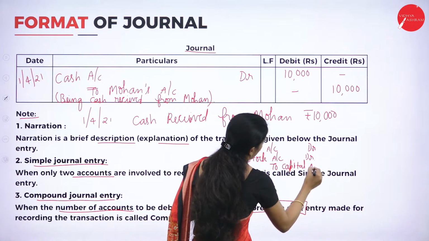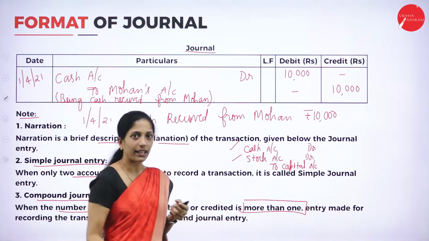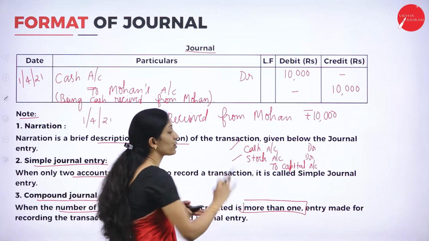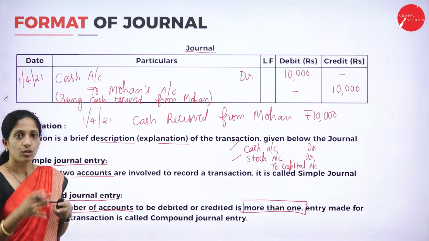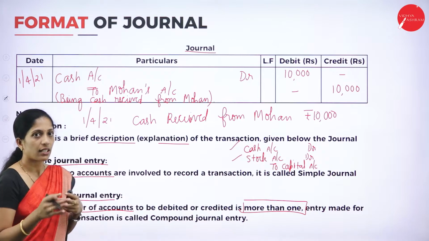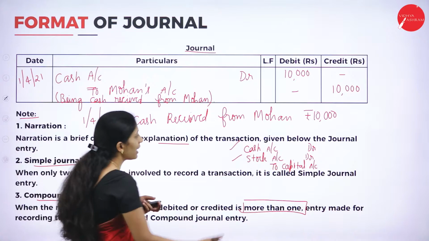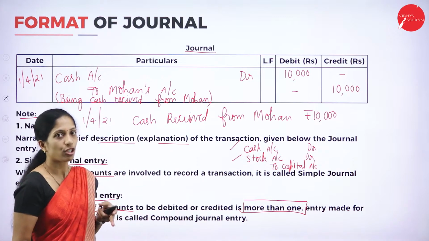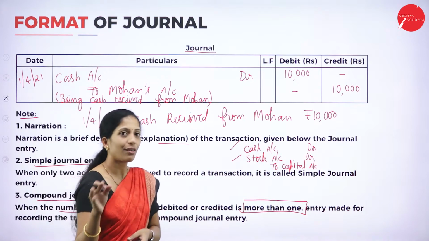Now here there are two debits and one credit. Two accounts are debited and one account is credited. Now this is known as compound journal entry. So here there are two debit and one credit account, so it is called a compound journal entry. Whereas in a simple journal entry, there will be one debit and one credit.